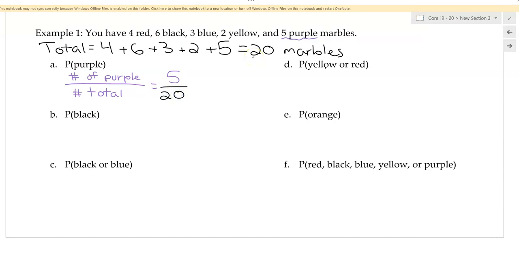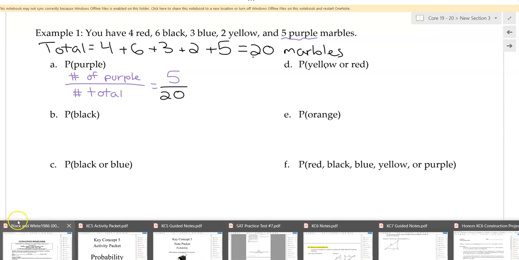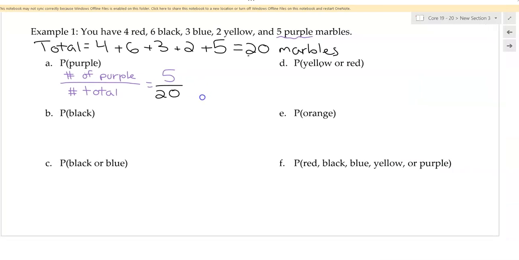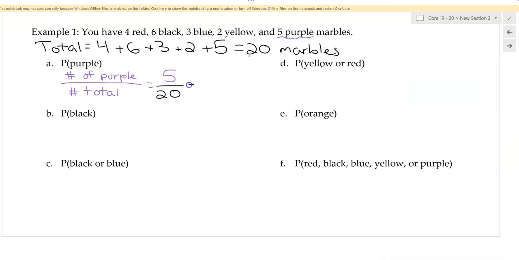We just found that. So we have 5 divided by 20. We are always going to check with our calculator to see if we can reduce this fraction. So I'm just going to do 5 divided by 20, and we get 1/4. So there is our probability. 1/4 of the time, I will pick a purple marble.